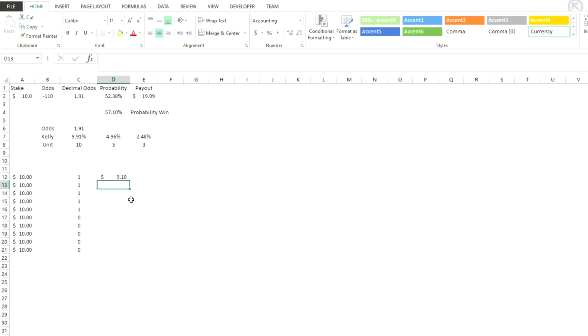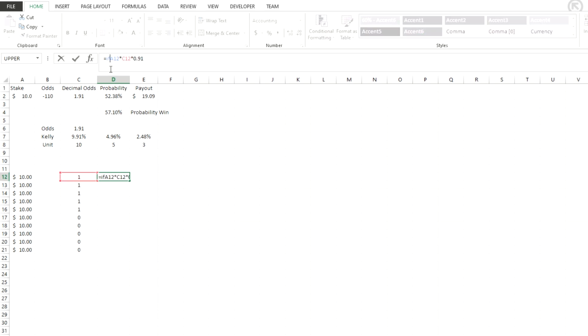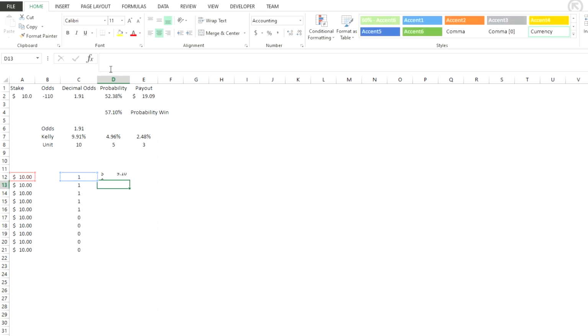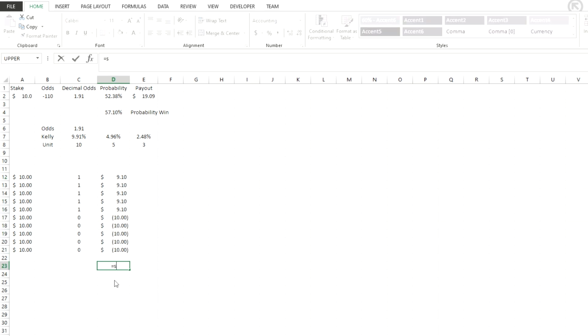So that's going to be the profit, and if C12 equals 1 it's going to be that, otherwise it's going to be minus A12. Okay, so here's my payout. I go 50%, and we've talked about this in previous videos. I lost $4.50 in this scenario.